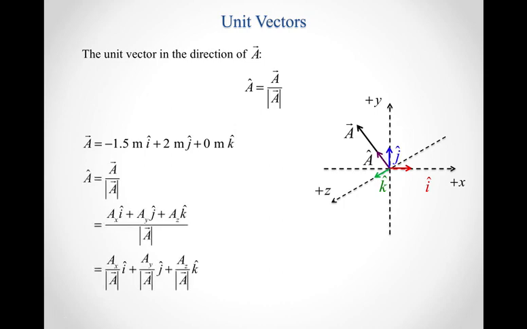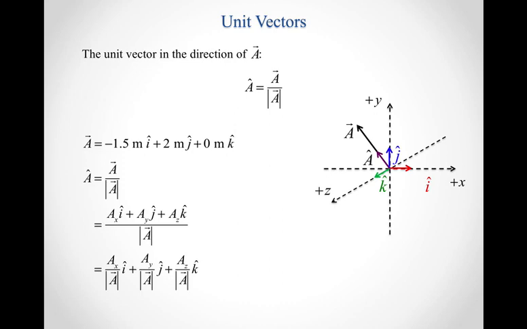So to calculate that out, I can see that when I break up vector A and write it out in unit vector notation, it's going to be the x component of A times I hat plus the y component of A times J hat plus the z component of A times K hat, and then that's being divided by this scalar magnitude.